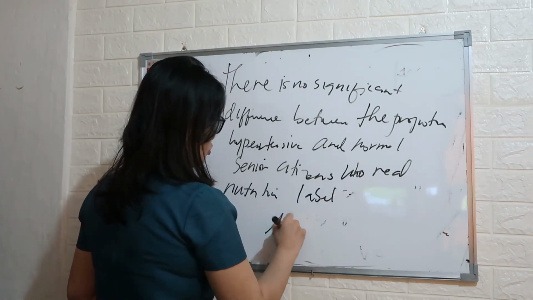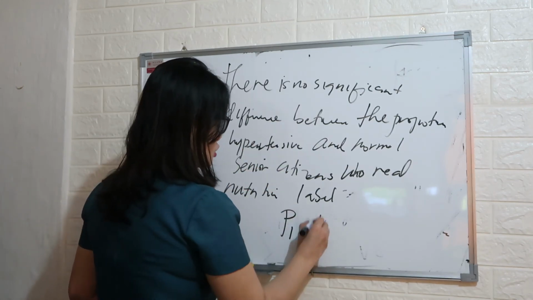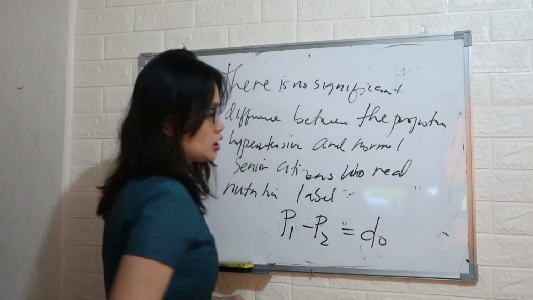Since we're talking about population proportion, that would be p1 minus p2 is equal to d sub o. So that is your null hypothesis.